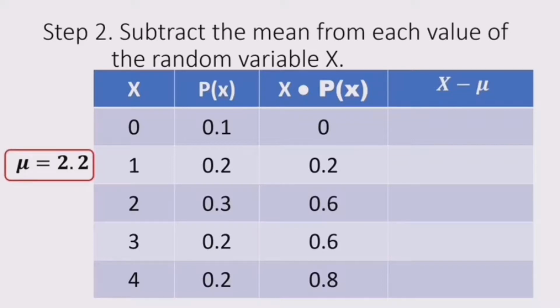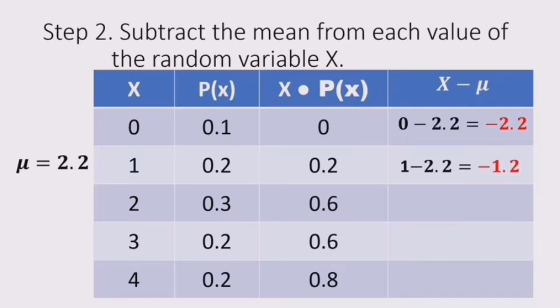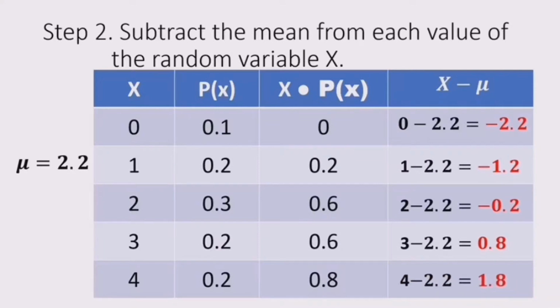So ato na siyang isubtract from each value of the random variable X. So 0 minus 2.2 equals negative 2.2. 1 minus 2.2 equals negative 1.2. 2 minus 2.2 is negative 0.2. 3 minus 2.2 equals 0.8. And 4 minus 2.2 equals 1.8.